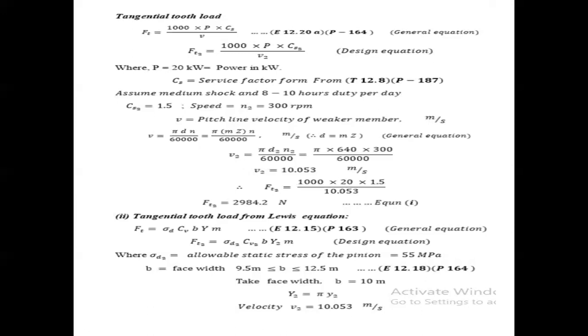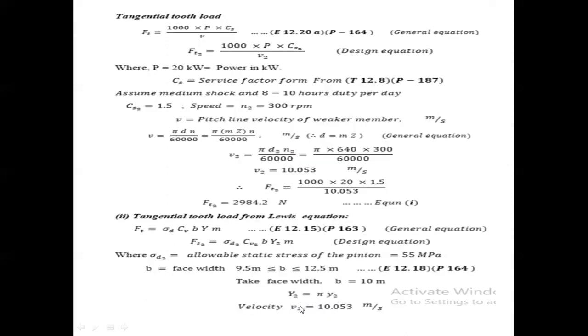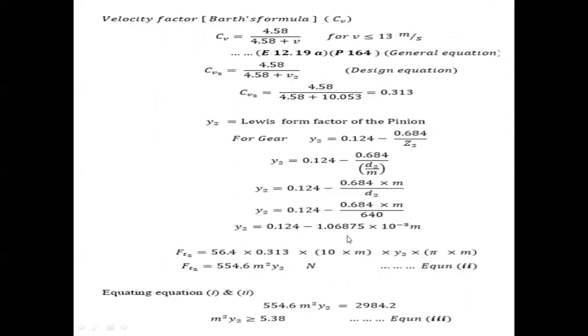Next, y is the Lewis factor, pi into y, and m is the module, that is the unknown parameter. And I also have the velocity V2. Once you have that velocity V2 value, by using this velocity I can decide which equation I have to use for velocity factor Cv. Based on the velocity range, we will decide the equation. Once velocity is lesser than 8 meter per second, then we go with 12.19a.